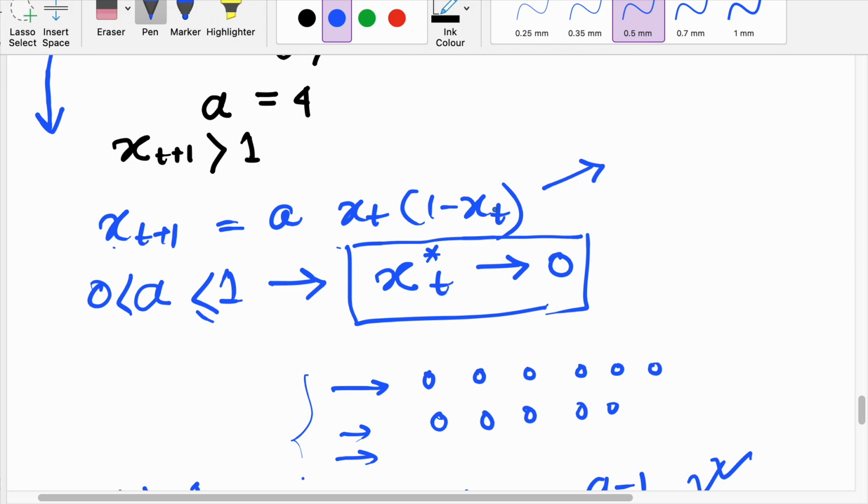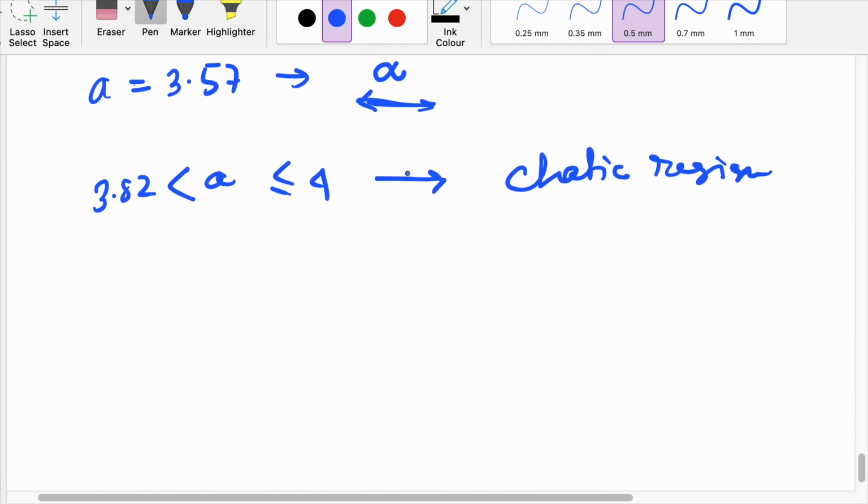This equation is very important for studying chaos. I have taken a course in the IEEE known as chaos and fractals, where I studied this equation from the perspective of chaos, so you can find it there.